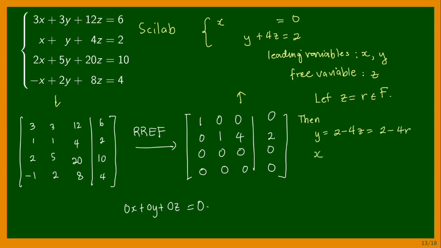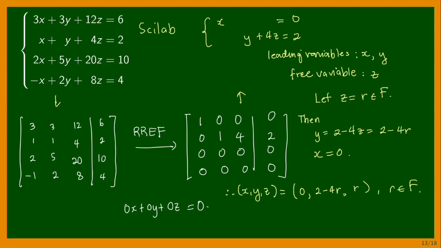And from the first equation, x is just 0. So how do you write the general solution? (x, y, z) equals (0, 2 minus 4r, r), where r is an arbitrary scalar.